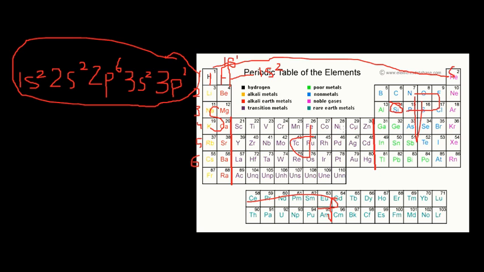But when you get to the d orbitals, you subtract 1 from the quantum number when you have an element in the d orbital. For example, let's figure out the electronic configuration of chromium.